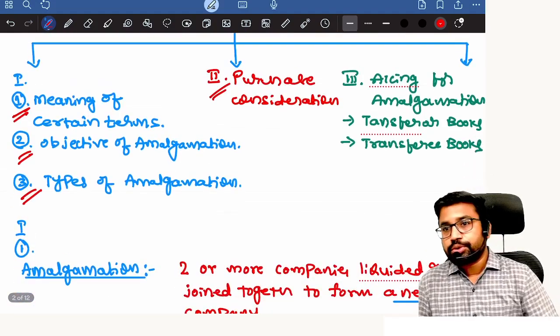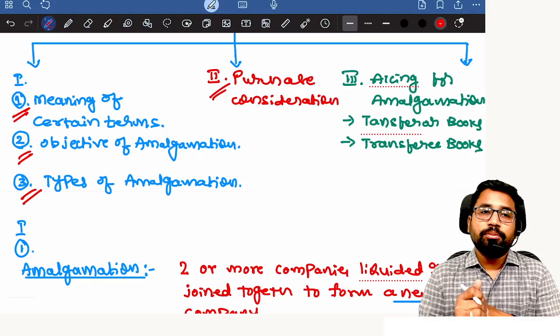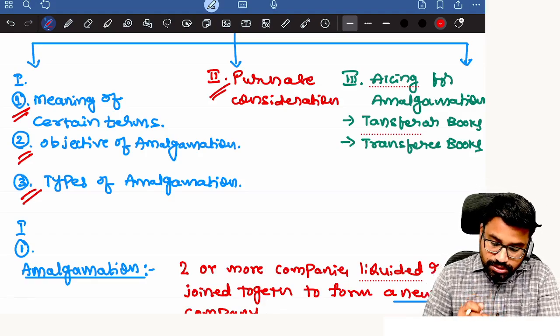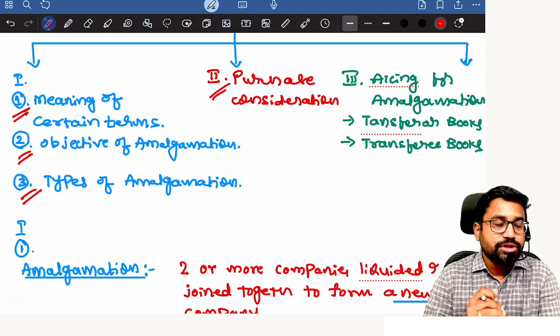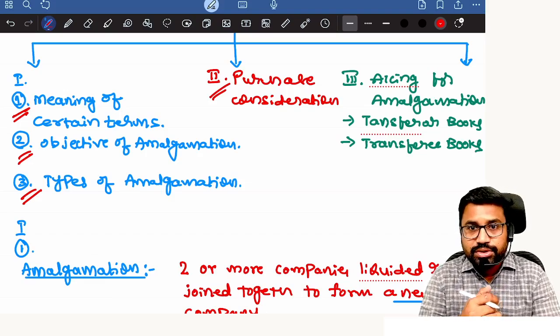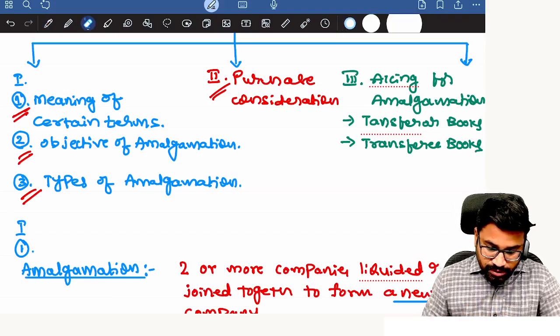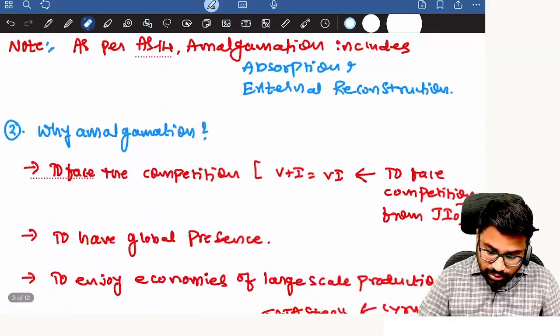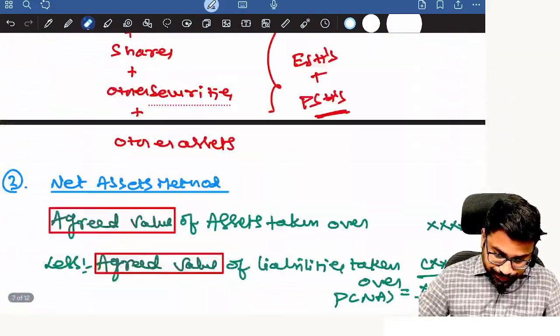Now today one of the most important areas, that is accounting for amalgamation in transferor books and transferee books. So let us discuss accounting for amalgamation.